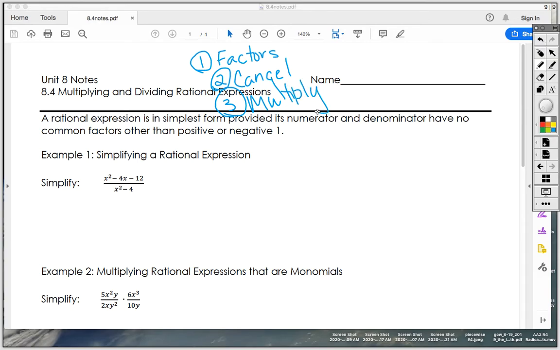Now, if we're multiplying, this is easy. We can just do this straight across. If we're dividing, we need to remember our rules for dividing fractions.